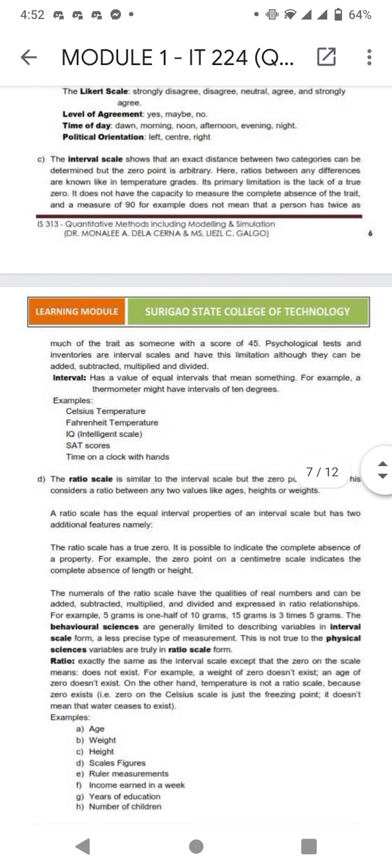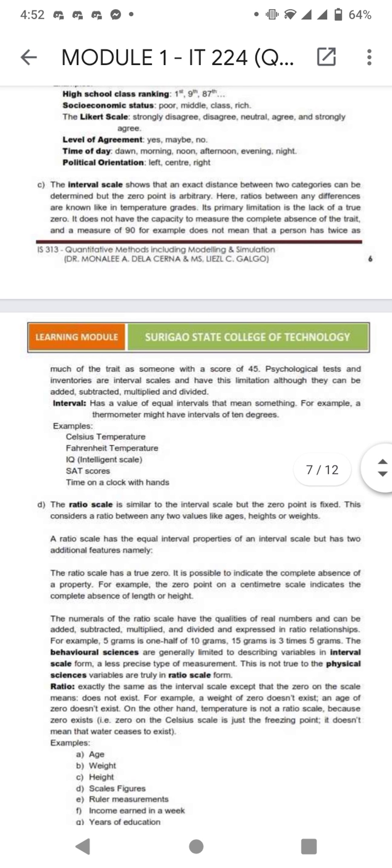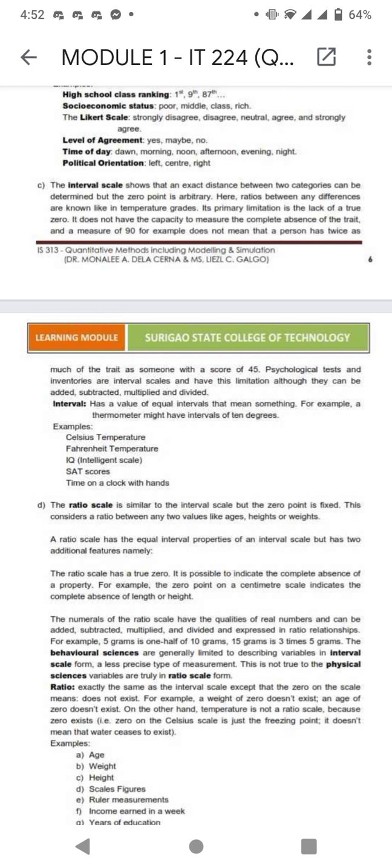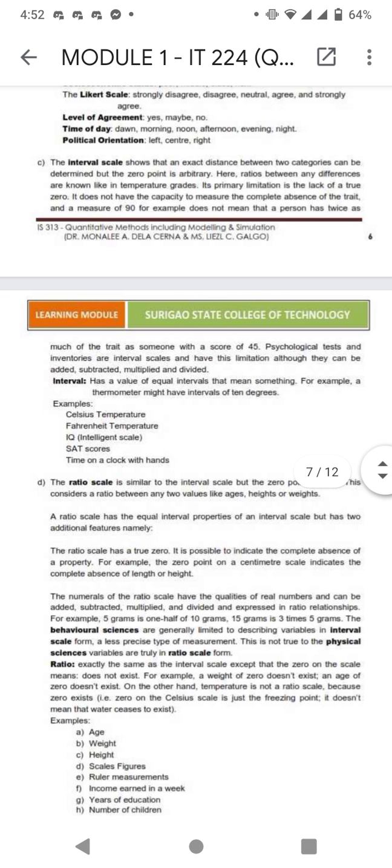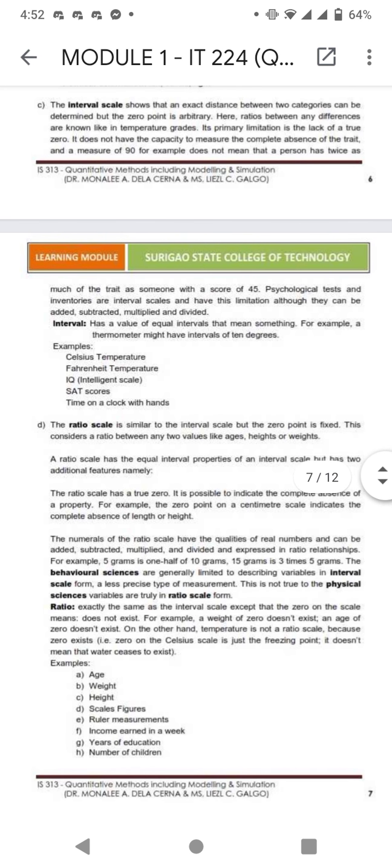The fourth one, the ratio scale, is similar to the interval scale, but the zero point is fixed. This considers a ratio between any two values, like ages, heights, or weights. A ratio scale has the equal interval properties of an interval scale, but has two additional features. For example, 5 grams is one half of 10 grams, and 15 grams is 3 times 5 grams.